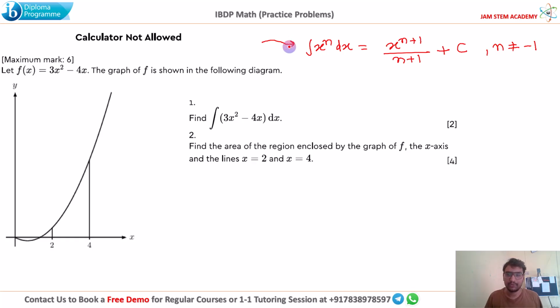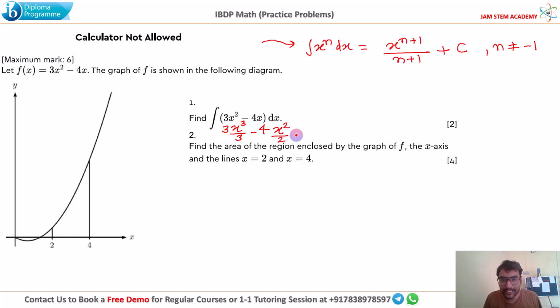Here we have to integrate this function. So let's do it step by step. For 3x squared, 3 as it is, you have x, increase the power of x, which will become 3, whole divided by the same power 3, minus 4. Now for the x part, increase one power, originally its power is 1. So if I add one more power to it, it will become 2 divided by 2.